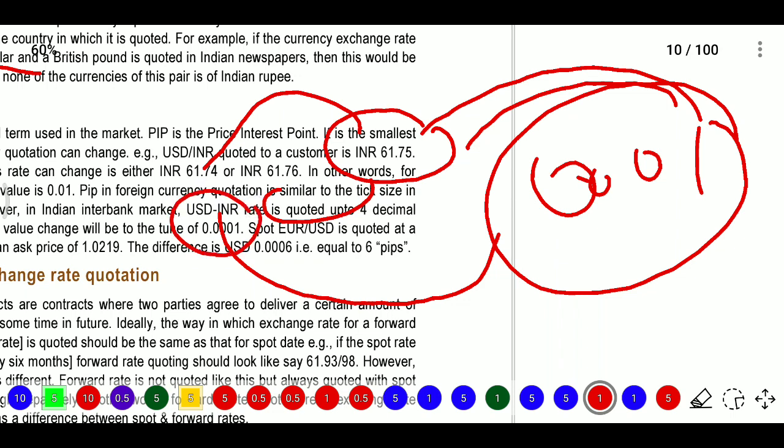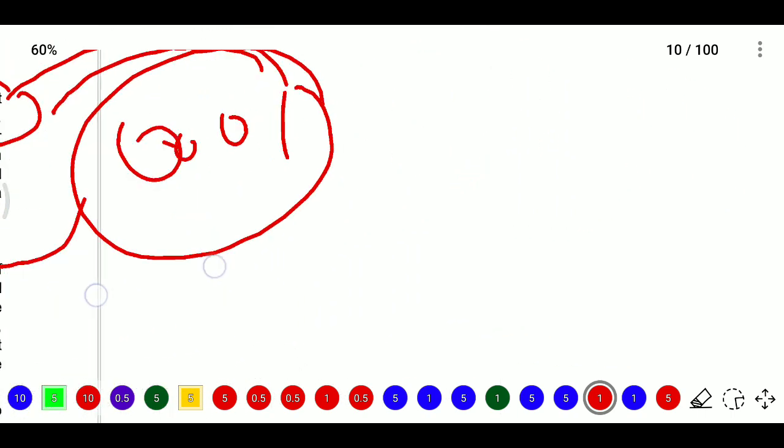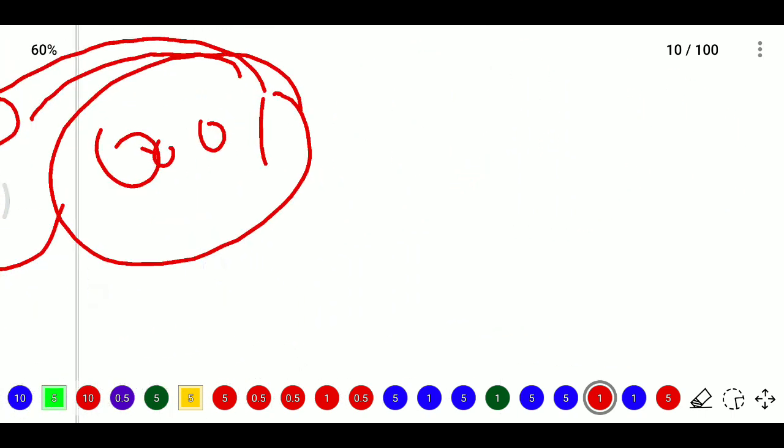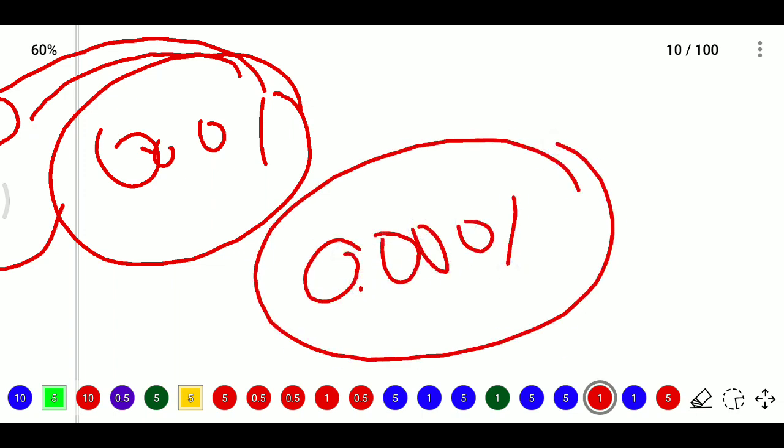However, in the Indian interbank market the USD/INR rate is quoted up to 4 decimal points, so the minimum change will be 0.0001. So here they use 4 decimals, and we need to consider that.